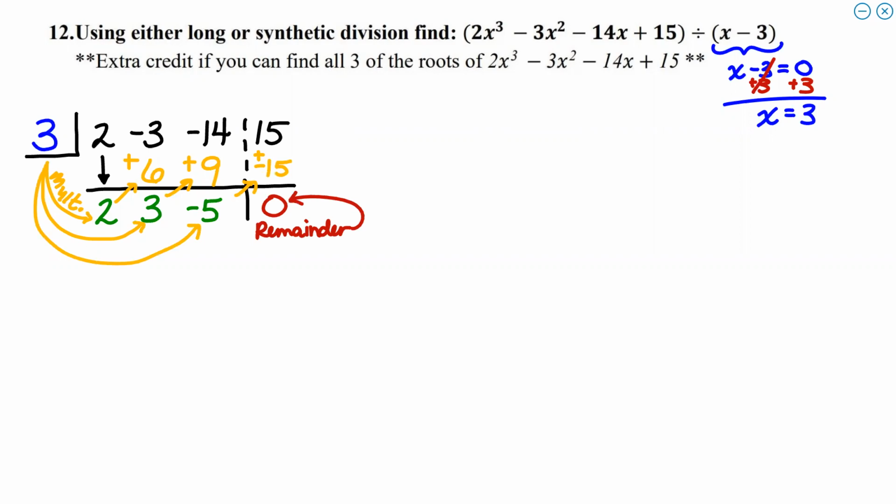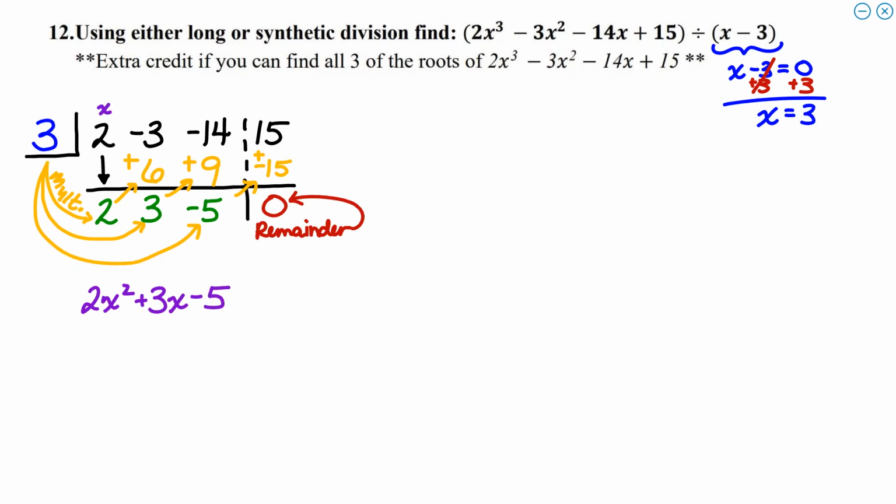Okay, so help me. This 2, 3, and negative 5, what does that look like when I write it all out? 2x squared, negative 3x, positive 3x. And then what? Minus 5.